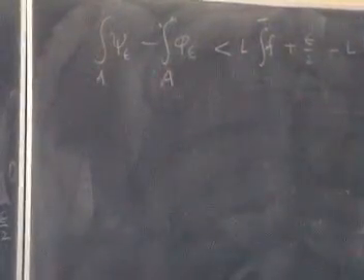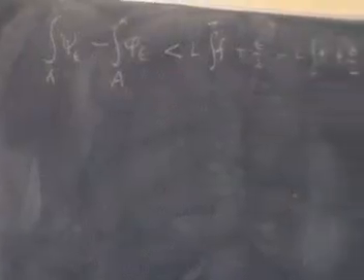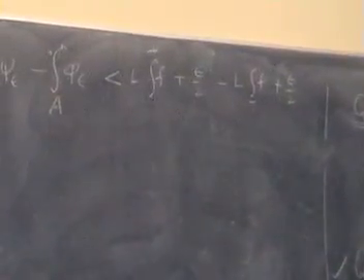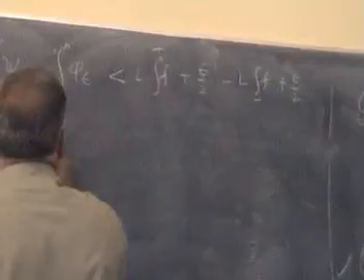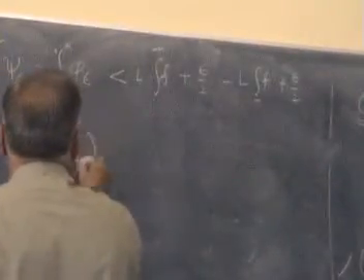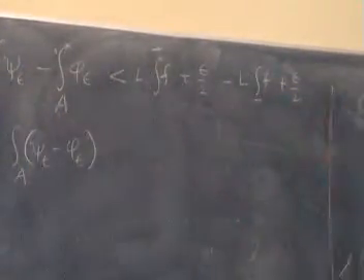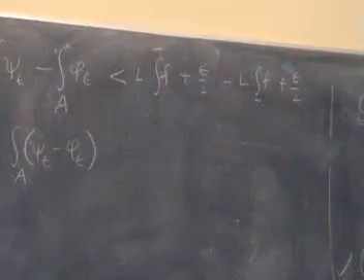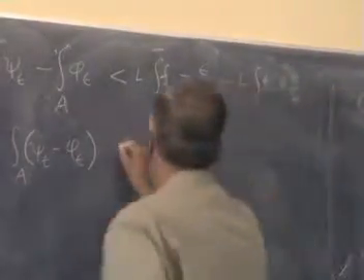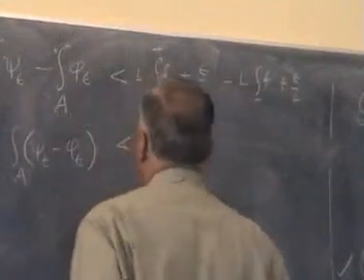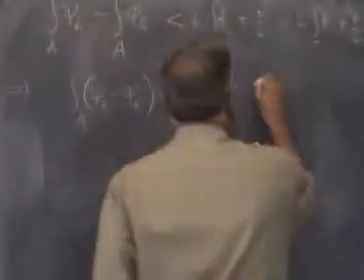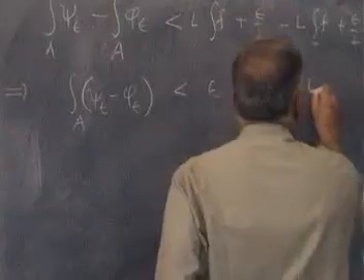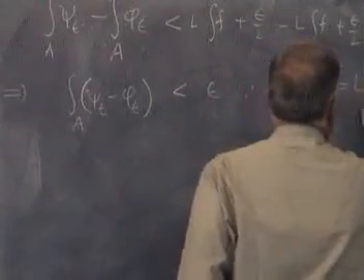But what is given to us? The upper integral is equal to the lower integral. So given this implies the integral over A of psi epsilon minus phi epsilon. We have seen that the integral is linear for simple functions. So this is less than epsilon, because the upper integral equals the lower integral.